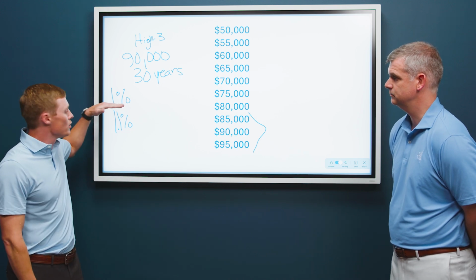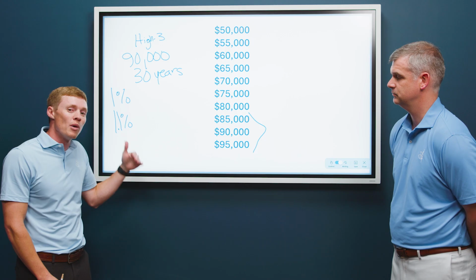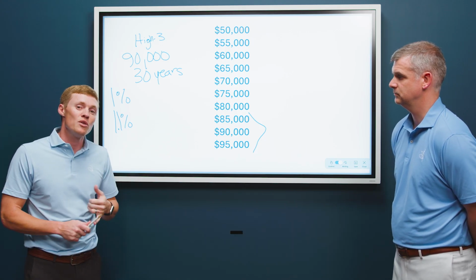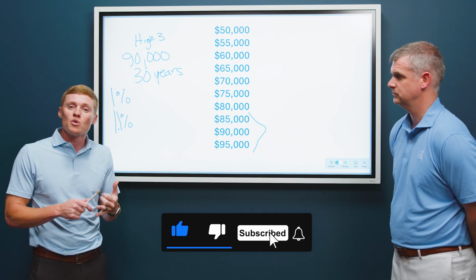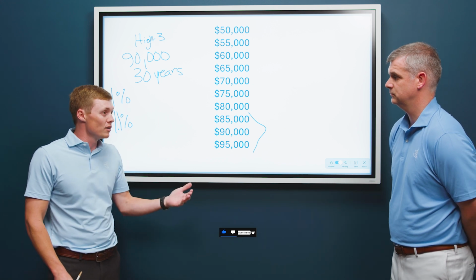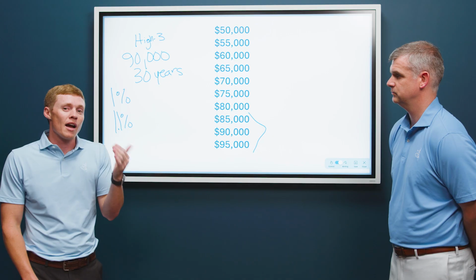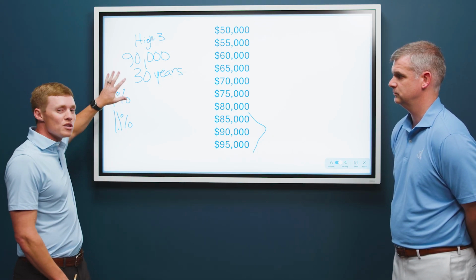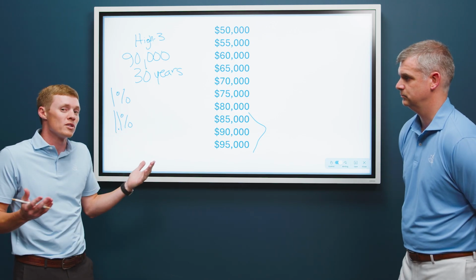But the majority of people use the 1% because in order to get that extra bump, you have to be at least 62 years old by the time you retire, and you have to have at least 20 years of service. So if you retire before 62, like most people do, or if you retire after 62 but don't have 20 years of service, everybody else uses the 1%. So for this circumstance, we'll use the 1%.